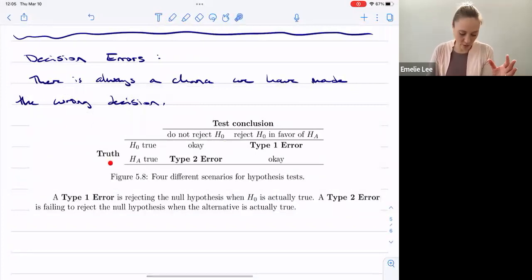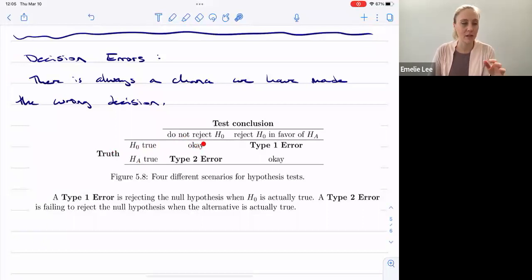Because we don't know what the truth is. That's why we're doing this hypothesis testing. If we could know what the truth is, then we wouldn't need to do any testing. But the truth is either H naught is true or the alternative is true, so H naught is false. And my conclusion, if H naught is true and I fail to reject H naught, then that's fine.